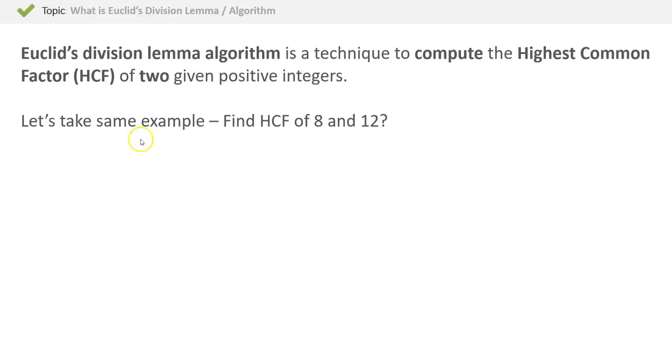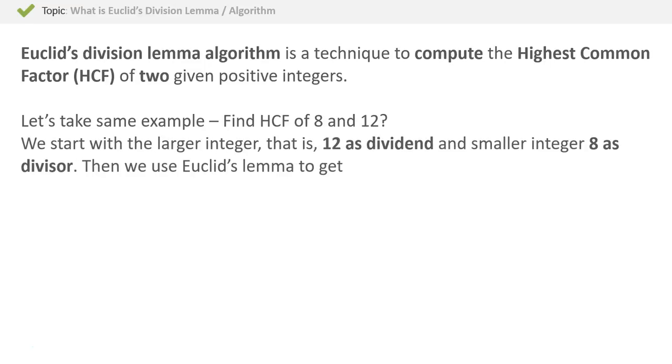Let's take a look. Let's take the same example which we have just seen in the previous slide, where we were supposed to find HCF for numbers 8 and 12.